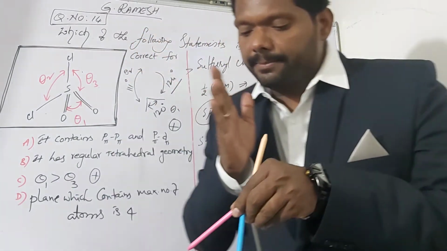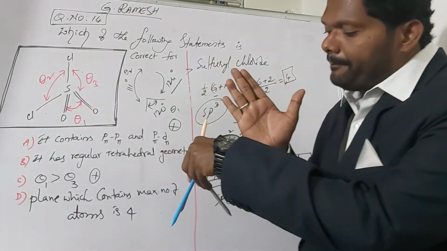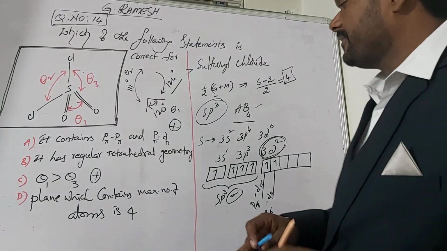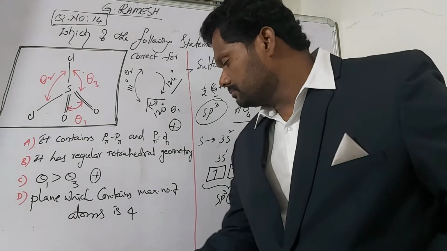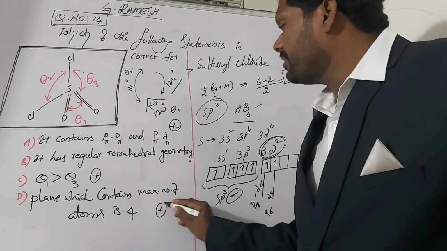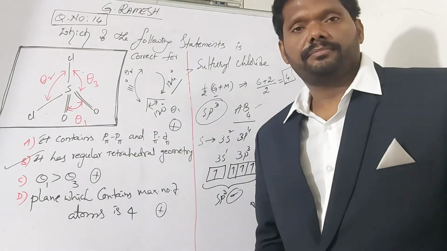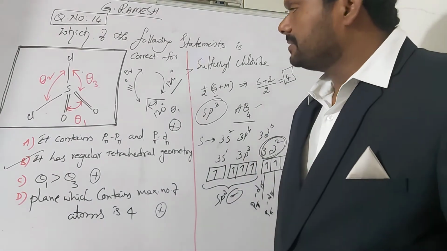Anywhere it will be the same. It can have 3 atoms as maximum, so it's not 4. So this is also the wrong one. The answer will be B. It has regular tetrahedral geometry. I hope you can understand. Thank you.